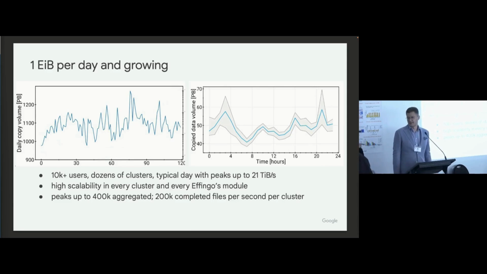And I will also add something that does not show very well on curves. There are also user stories. For instance, some teams had their own copy services, and because of the complexity of Google internal infrastructure, it was expensive to maintain these services as the infrastructure evolved.